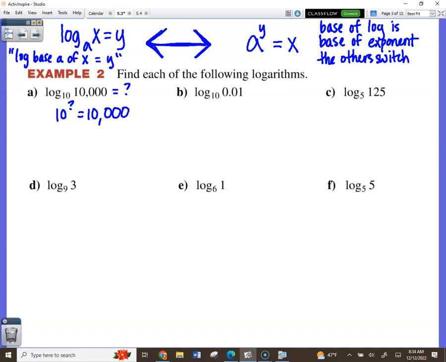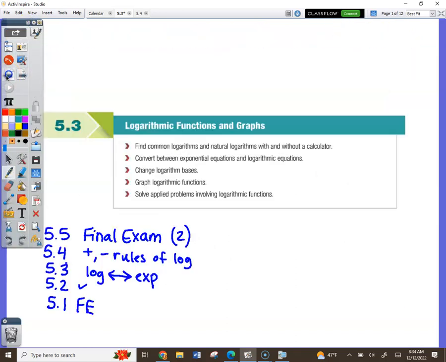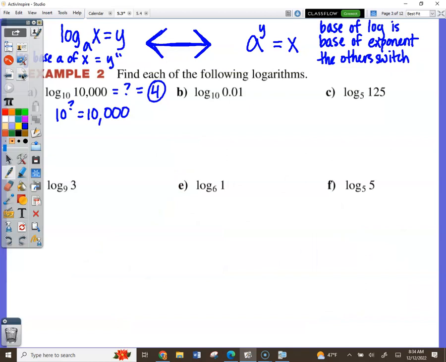Well, 10 squared is 100. 10 cubed is 1,000. So 10 to the 4th would be 10,000, right? So this is 4. Or you can put the 4 here, whatever. I'll write it right there.